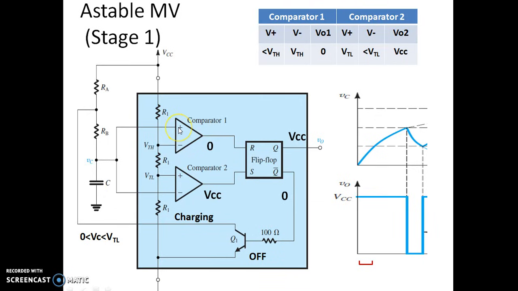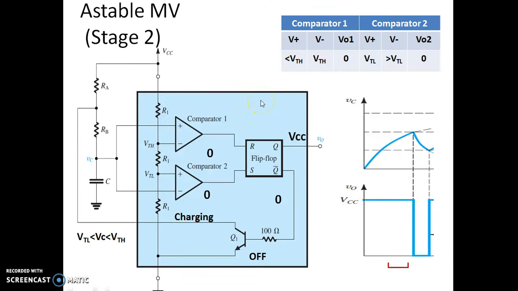As long as V plus of comparator 1 is less than VTH, the output voltage will be in negative saturation, that is 0 volt. That is, V minus is greater than V plus. So as long as the capacitor voltage is less than VTH, the output of comparator 1 remains at 0.